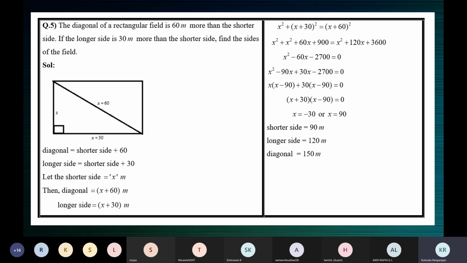Since they are the three sides of a right triangle, we use Pythagoras theorem to construct the equation.